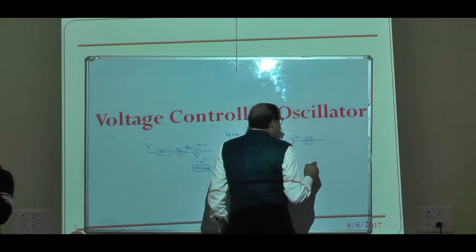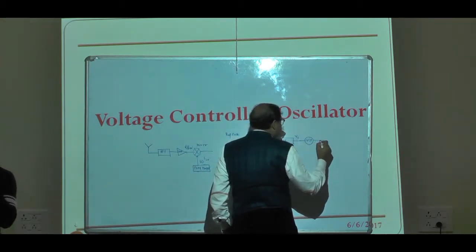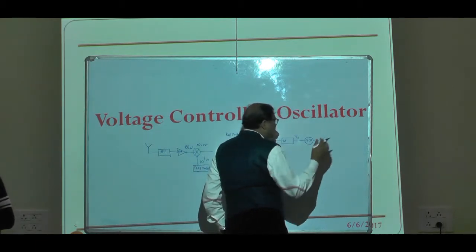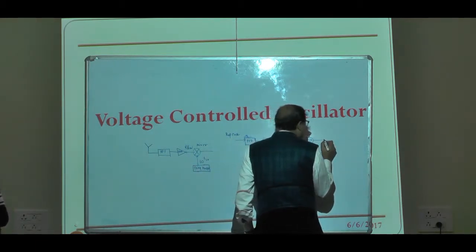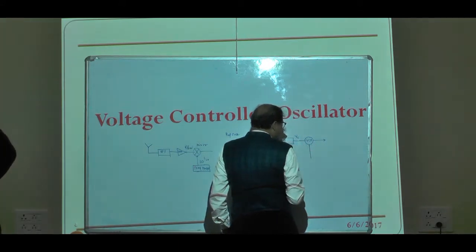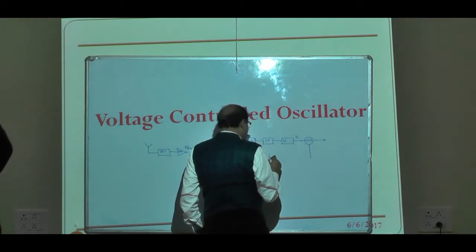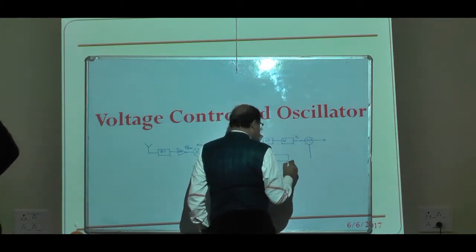And the VCO frequency has two outputs. One is the signal which is going to the LO. So this is the output. And there is another output, which is fed to a block called frequency divider.